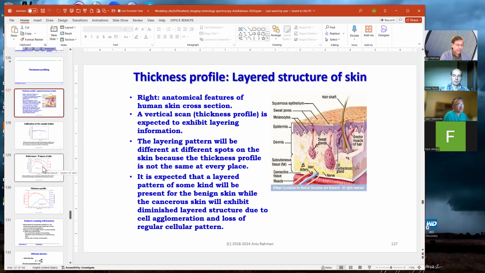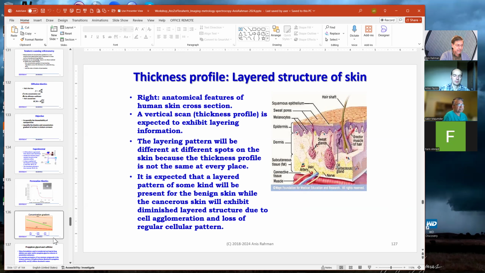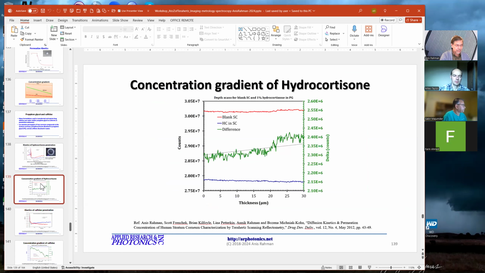If I look at my thickness profile, and I see that this thing is going through the stratum corneum, which is about 30 micron thick, that means it is eventually going to the bloodstream. You can also take whole skin, and we have done whole skin measurement for something else in collaboration with another entity.